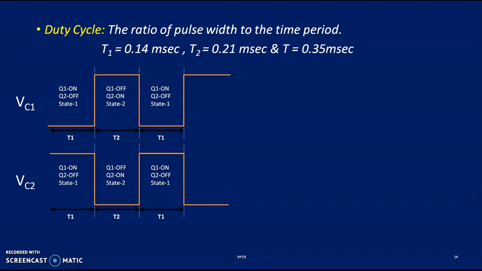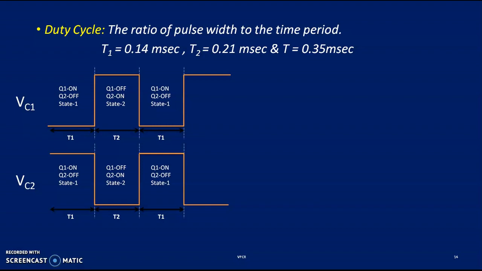Now a rectangular wave is nothing but the generation of a pulse width with a constant interval. Continuously we are generating a pulse width with a constant interval. So for VC1 we are generating a pulse width of T2 with an interval of T1.